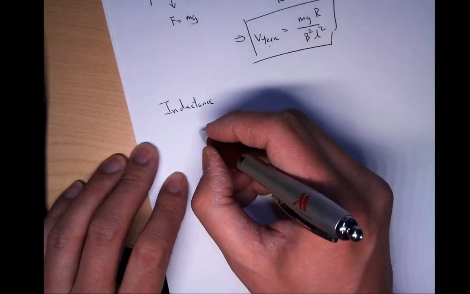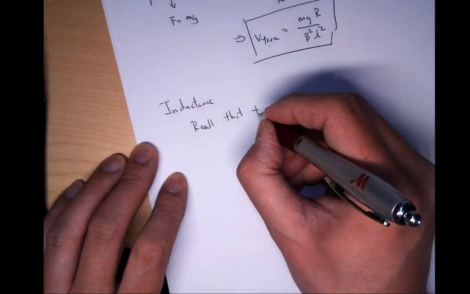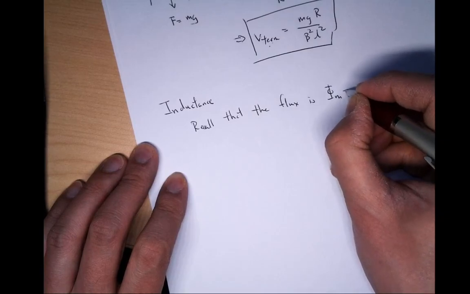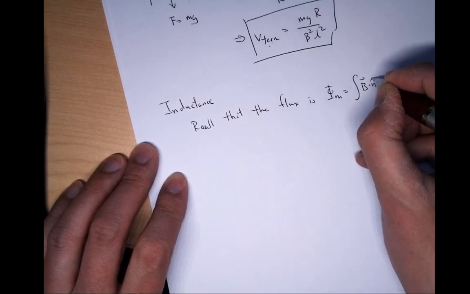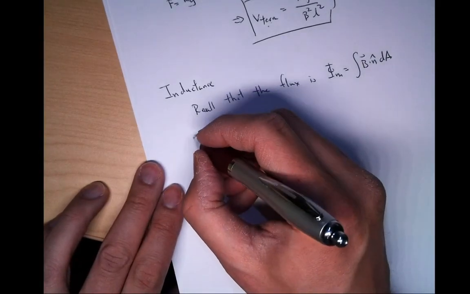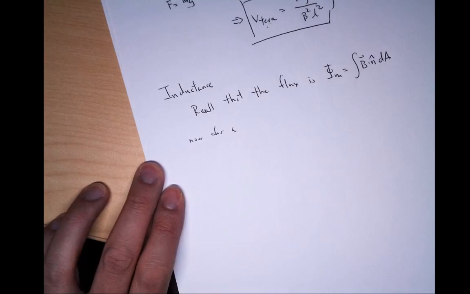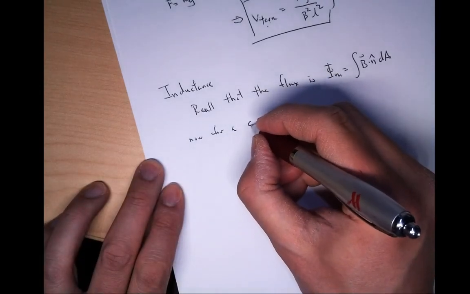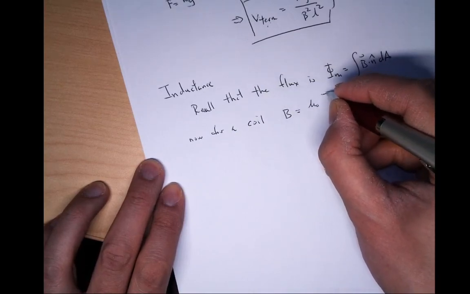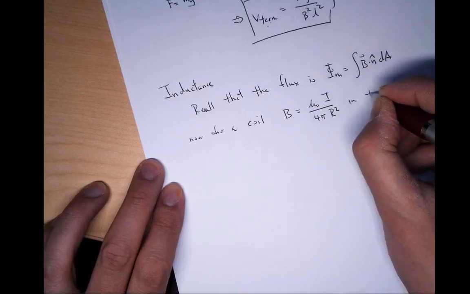So recall that the flux phi sub m is equal to the integral of B dot n hat dA. Okay, so that's the flux. Now for a coil, B is equal to mu 0 I over 4 pi r squared in the center.